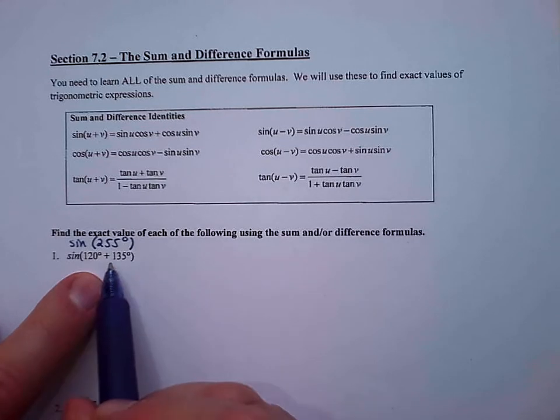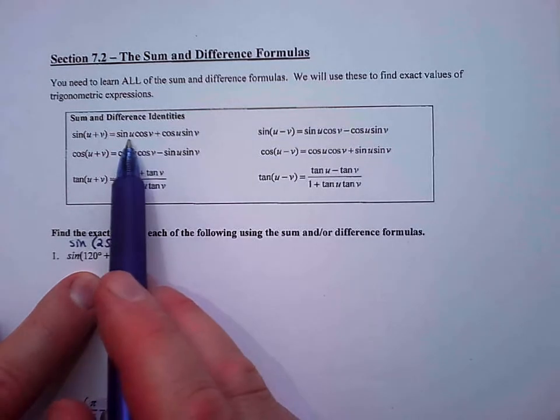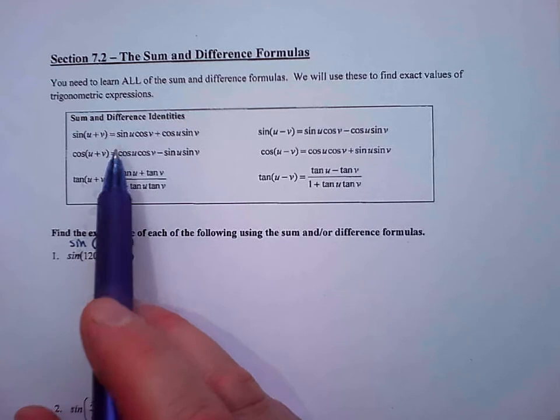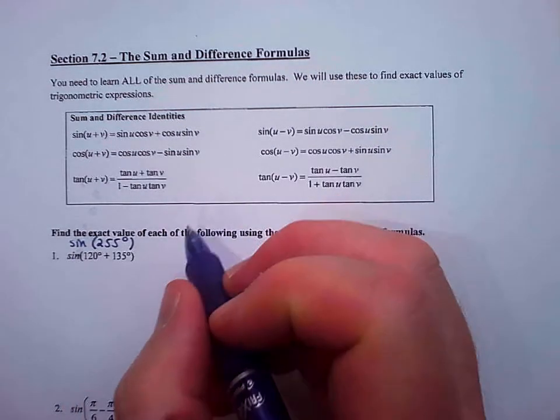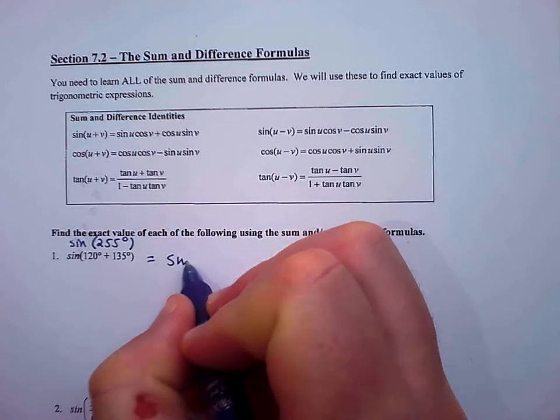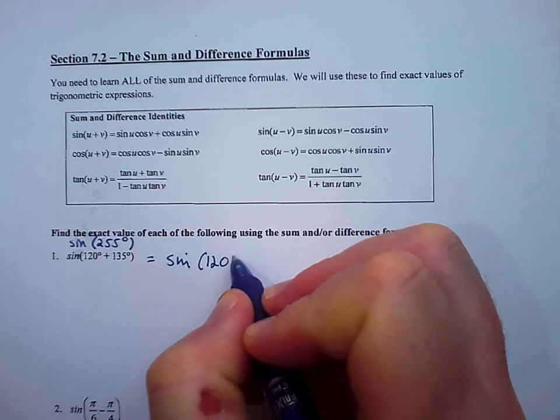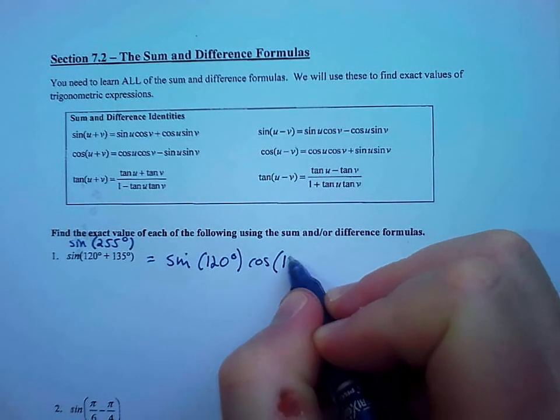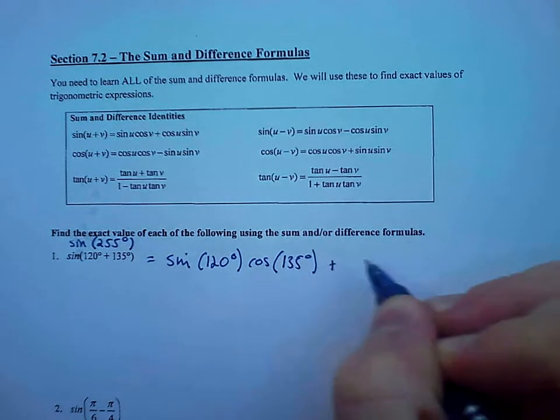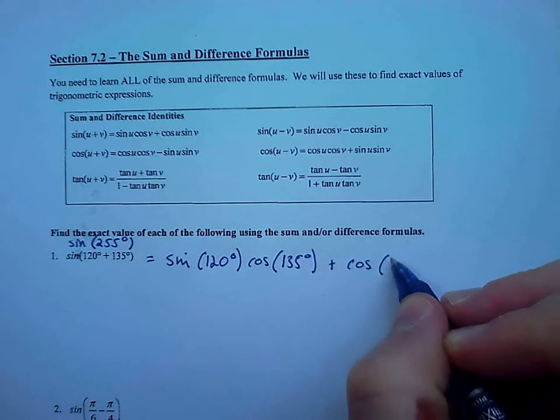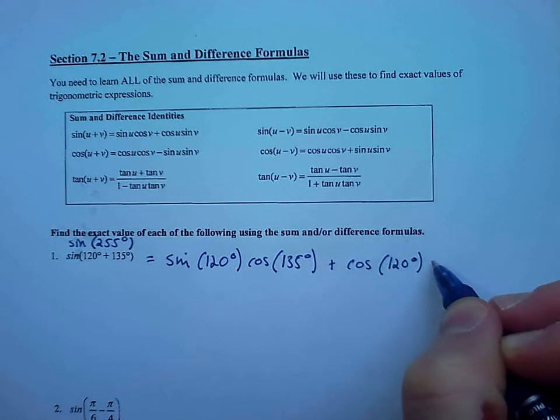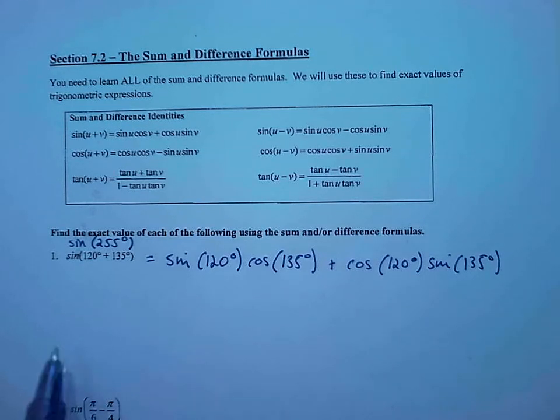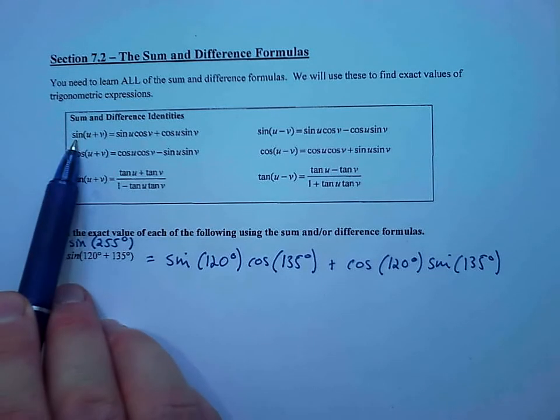And now we can use one of the properties that we have up here for the sum of these two angles. So this is the same thing as saying sine of 120 degrees times cosine of 135 degrees plus the cosine of 120 degrees times the sine of 135 degrees. So I'm just using this property up here.